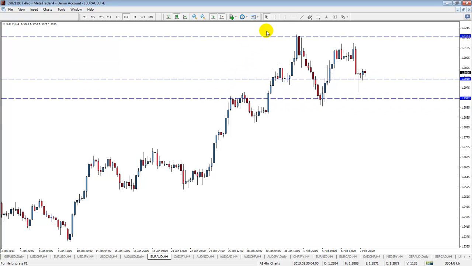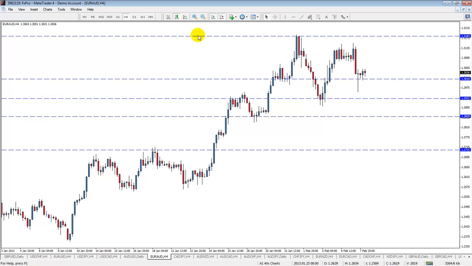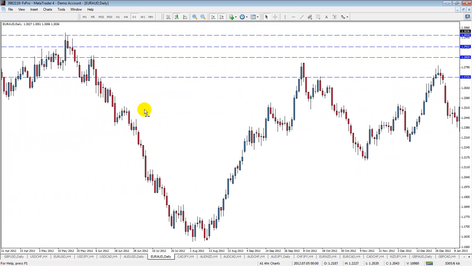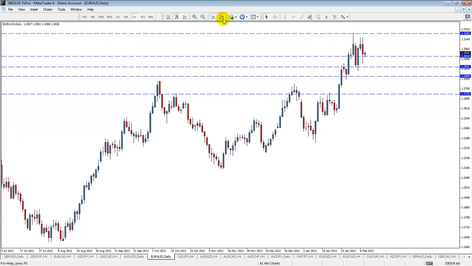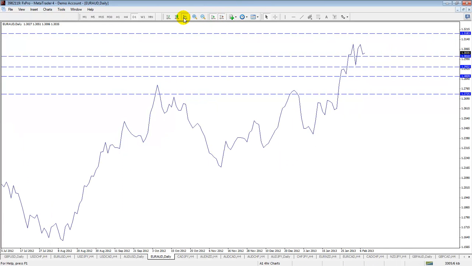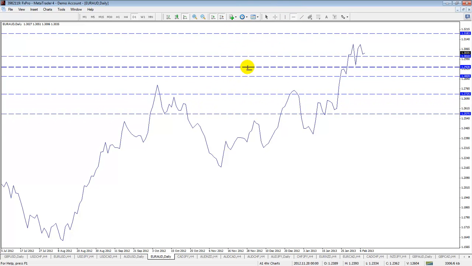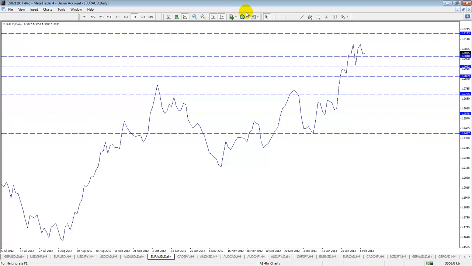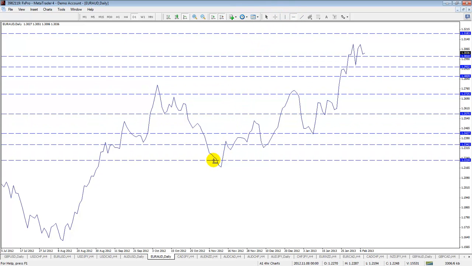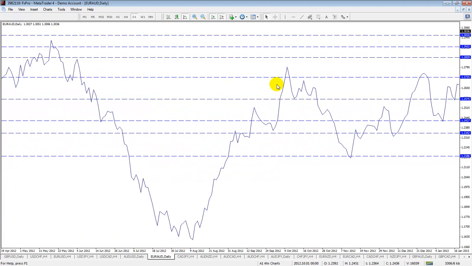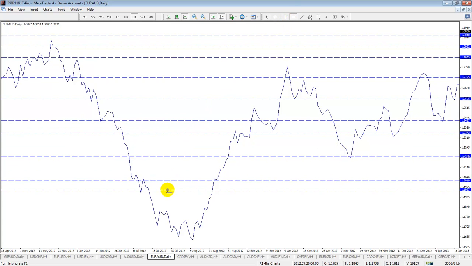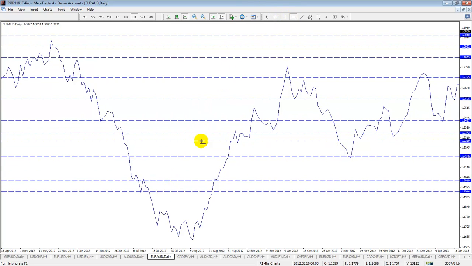We've got some nice support and resistance levels on this chart. When you get a trending pair, it's so much easier to go on the higher time frame because it gives you more perspective, right? So we've got one here. We've got one here. And here. Obviously, we've got several down here.